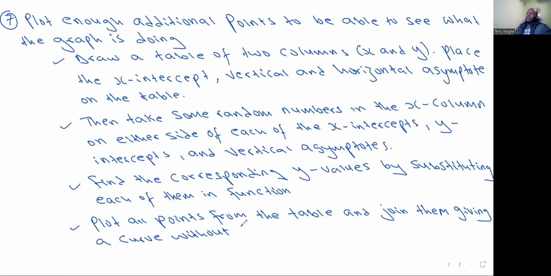So remember, the curve can never touch the asymptotes.